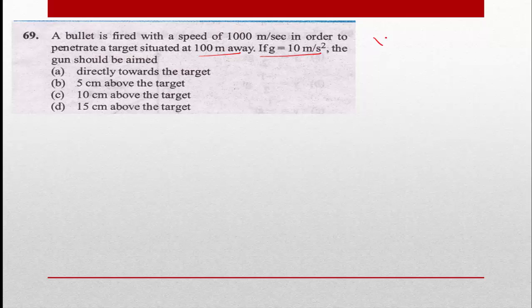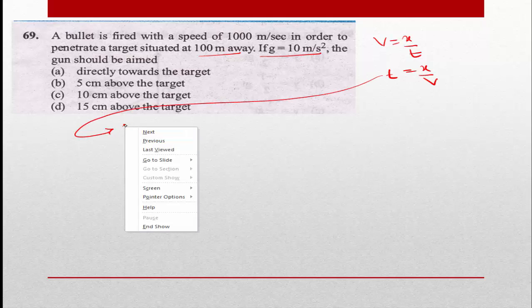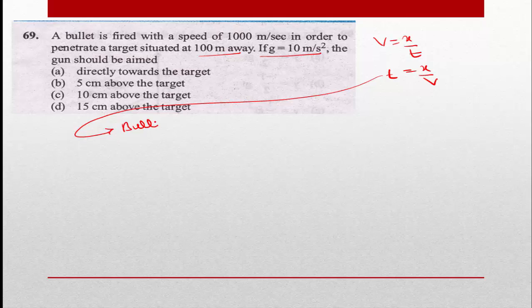We know the formula v is equal to x divided by t. Using this formula, t is equal to x divided by v. The bullet will take time t equal to x, the distance 100 meter, divided by speed 1000.